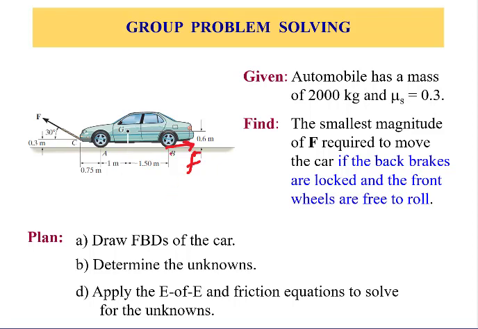And definitely we know there is a normal force here, let's call it NB, as a result of the reaction to the weight. We know also there is a weight at the center of gravity of that vehicle, which is equal to 2000 multiplied by 9.81. So we're trying to draw the free body diagram.